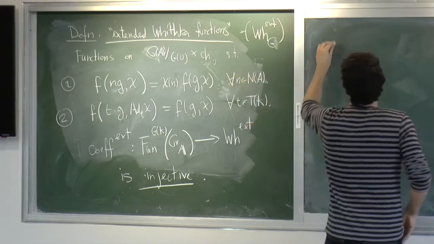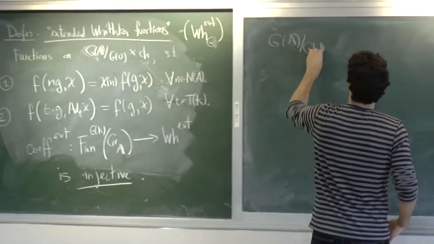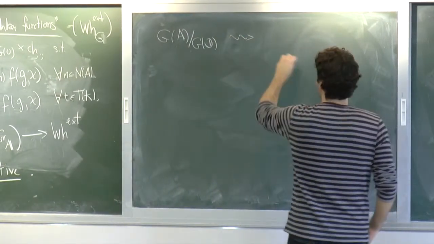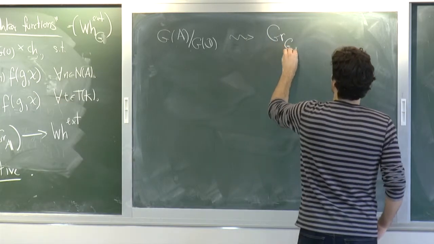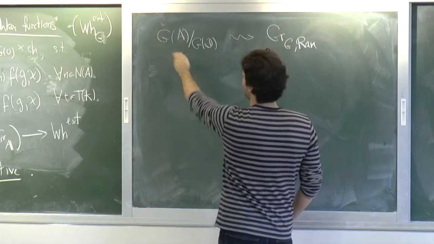Well, one I already suggested. So G(A) mod G(O) will become now in geometry the Grassmannian over the Ran space. Well, the Ran space is an indication that we were working with the adeles, where the action here is at finitely many points, and the action here is at finitely many points.